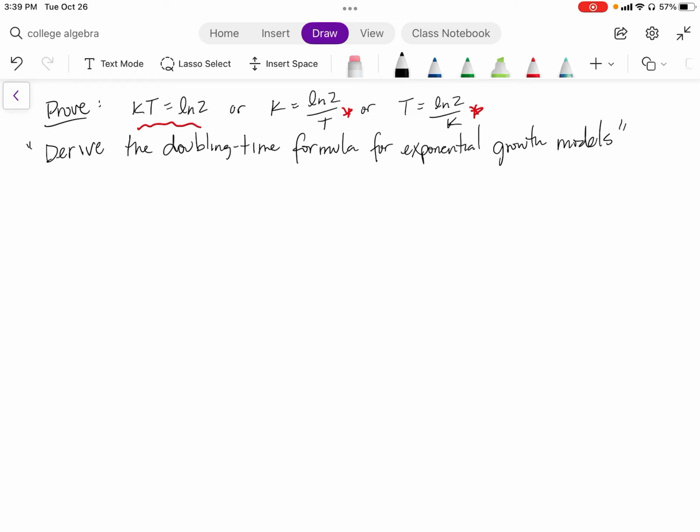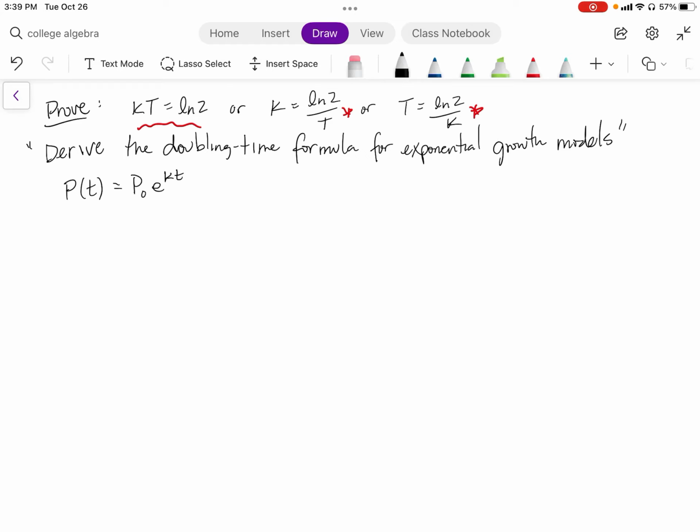So in exponential growth, remember that there are different ways to write the model, but one way is P of t equals P sub 0, or P naught, e to the kt. Now, what does all that mean? The P naught is the initial value.